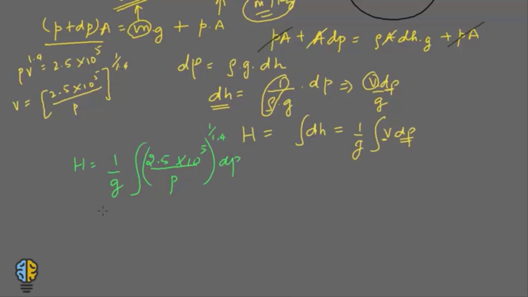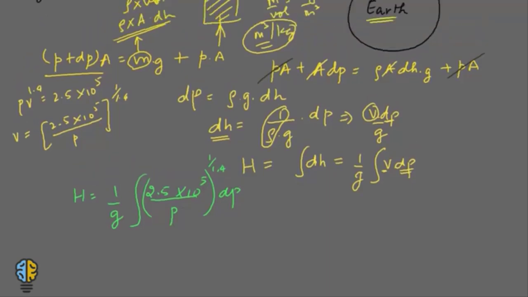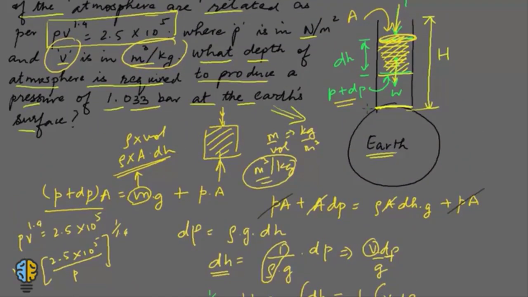Now the limits of the pressure, if you go back to the diagram, the pressure over here is 1.033 bar, and the pressure over here is, let us say, 0 bar, because you are in space, isn't it? There is no atmosphere, so very little pressure as compared to the surface. So the pressure varies from 0 to 1.033 bar.